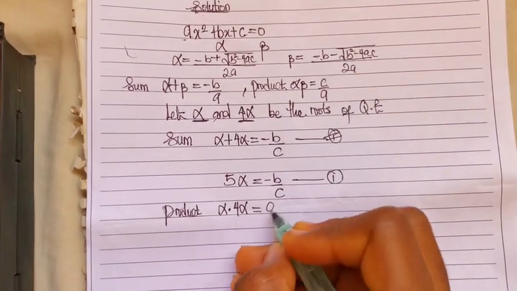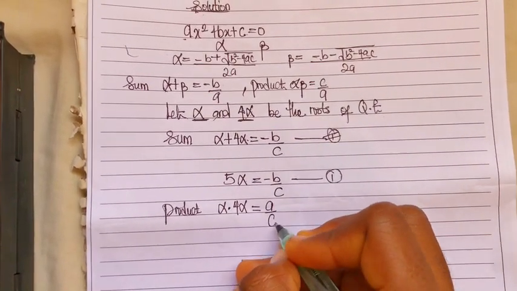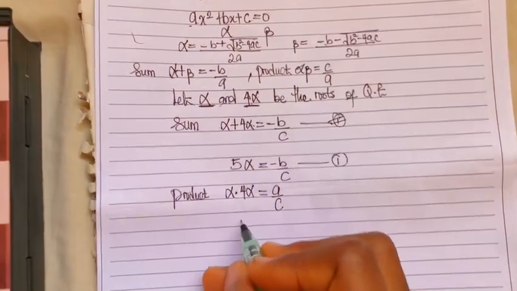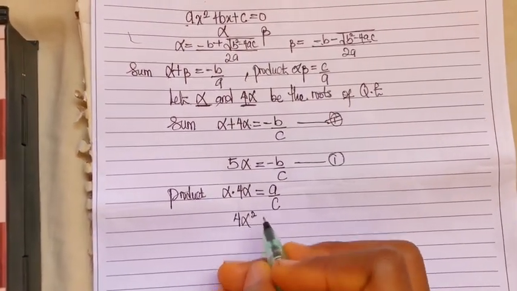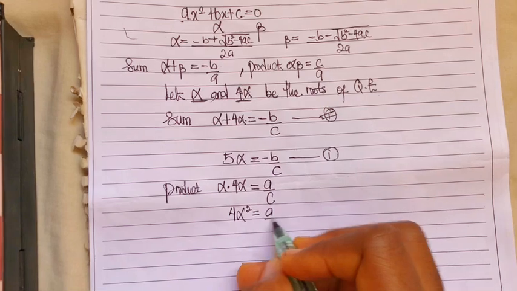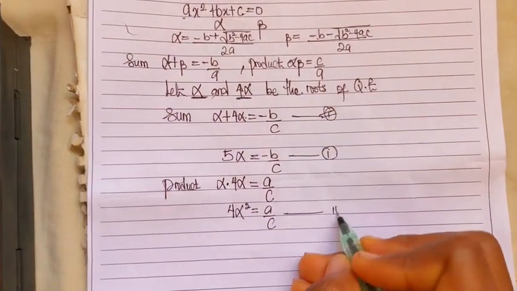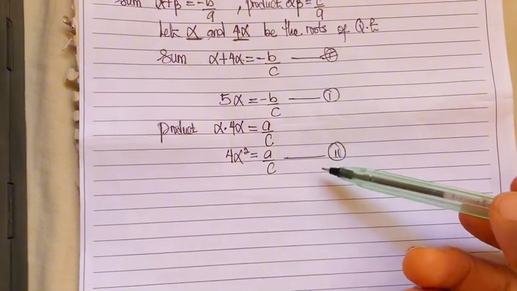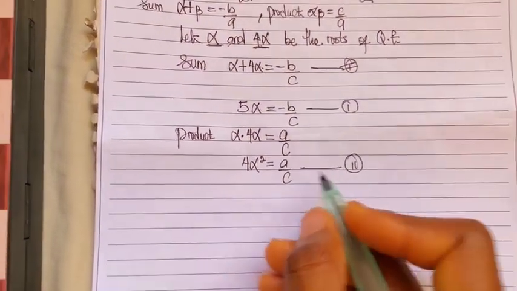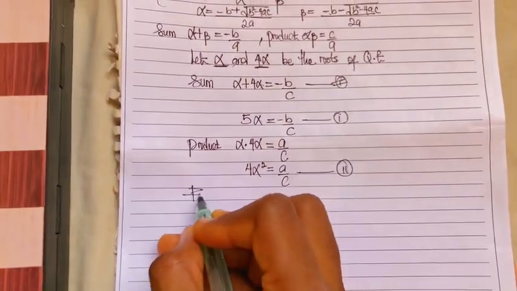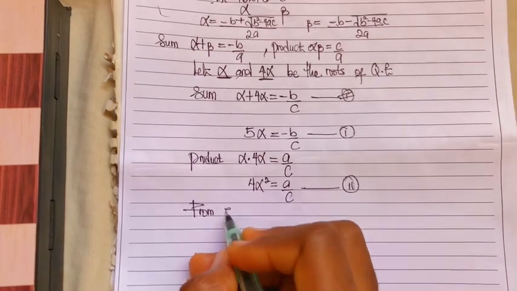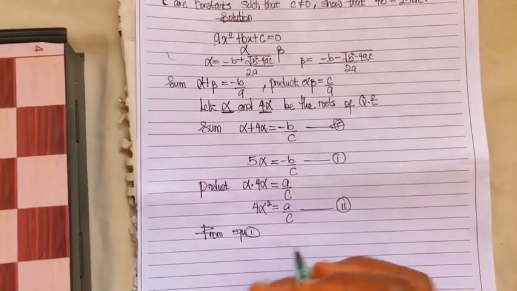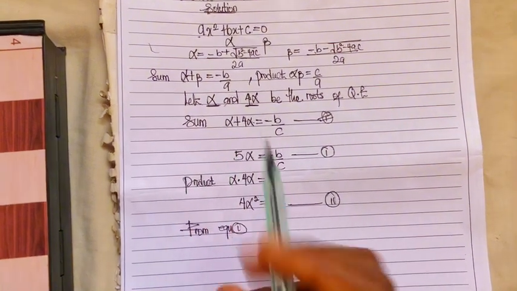This multiplied by this will give us 4 alpha squared, and this will equal a over c. Let's call this equation 2. Now that I have equation 1 and 2, I can proceed further.